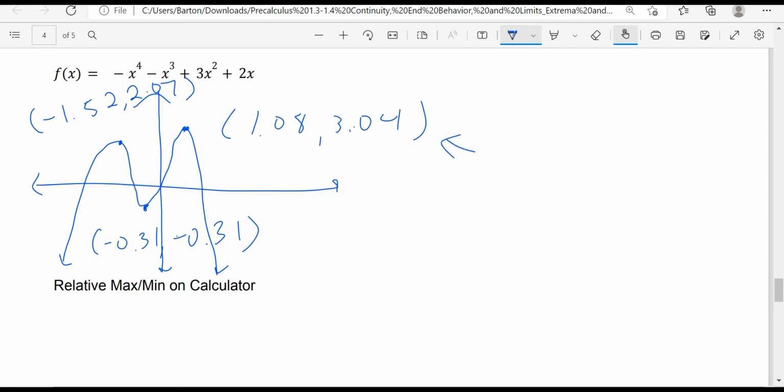This right here is an absolute max. I know it's a terrible T, I'm sorry. Absolute max meaning it's never going to get higher than that point on your graph, ever. That's why it's an absolute max.